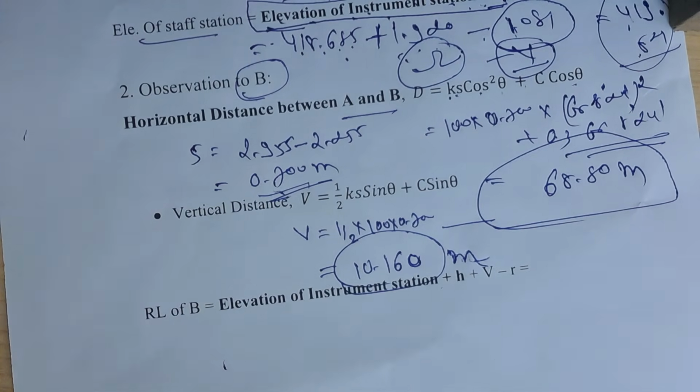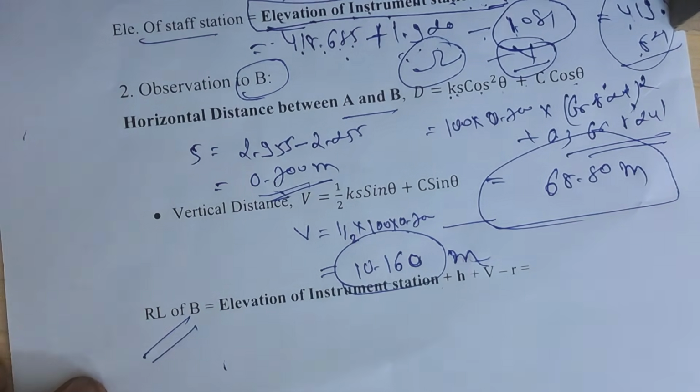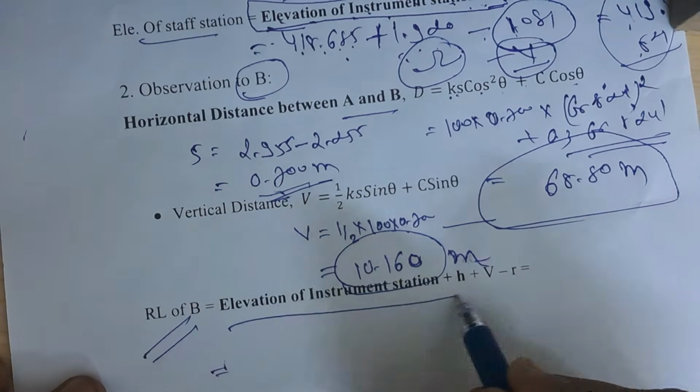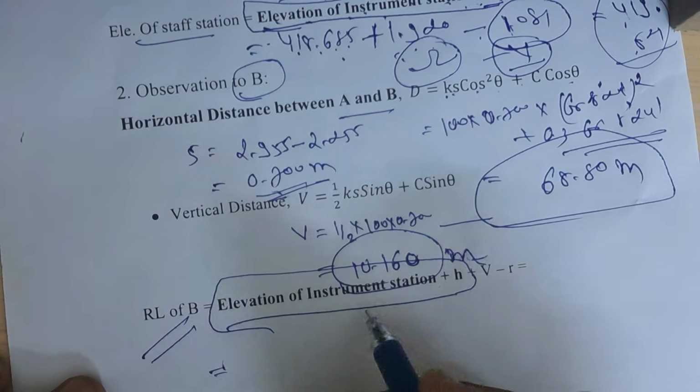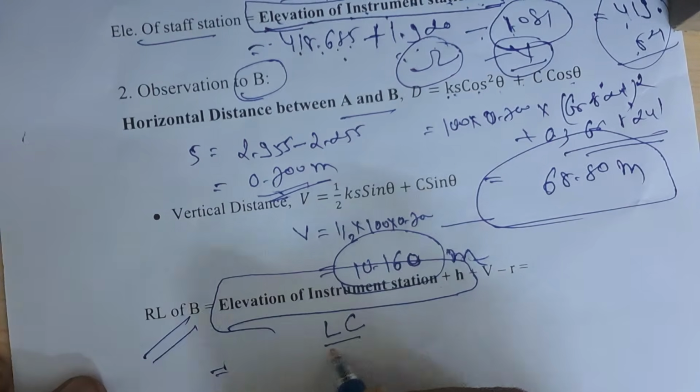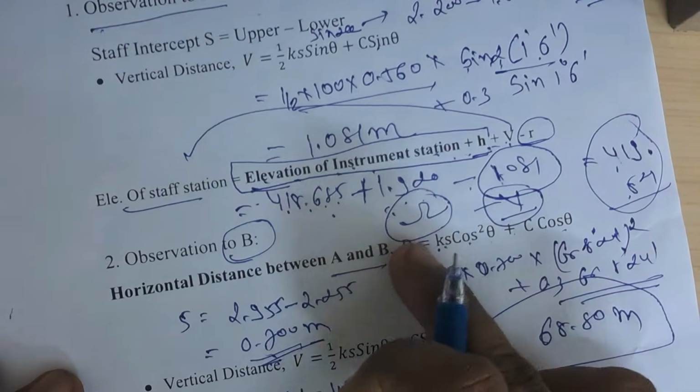Okay, now at the last you need to calculate the RL of B. So elevation of the instrument plus H we already calculated. This will be your line of collimation, which is already calculated.